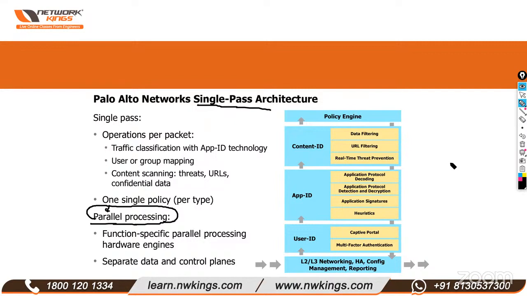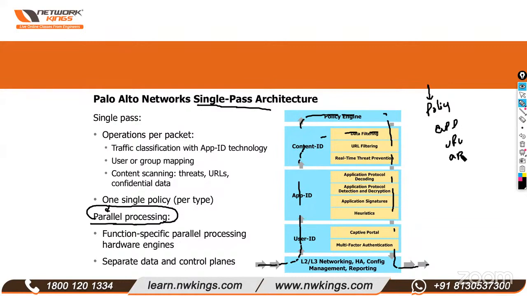Nice, super. So basically in single pass, the traffic enters the firewall, goes to the policy engine, and then passes from the policy to app ID, to user ID, to application control, to SSL decryption, and so on.